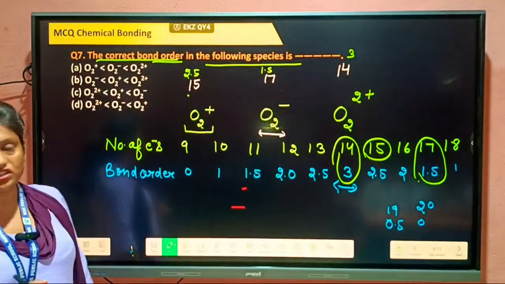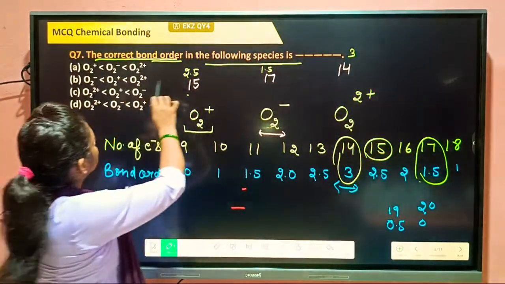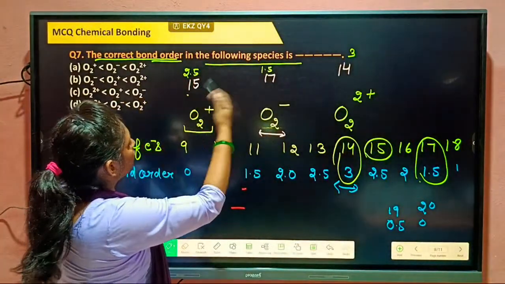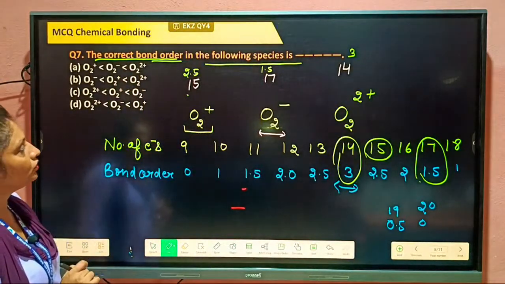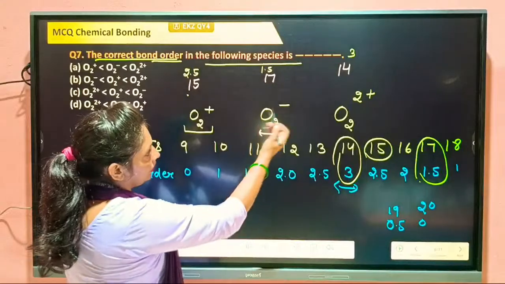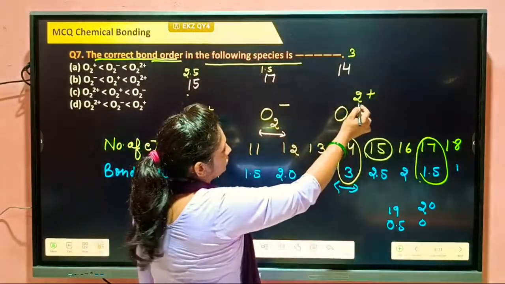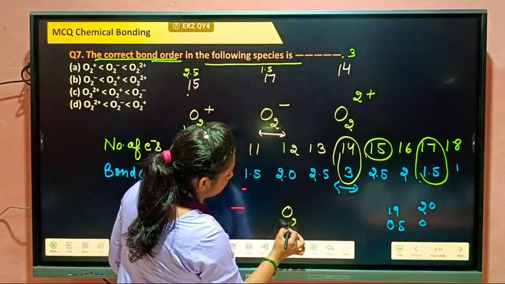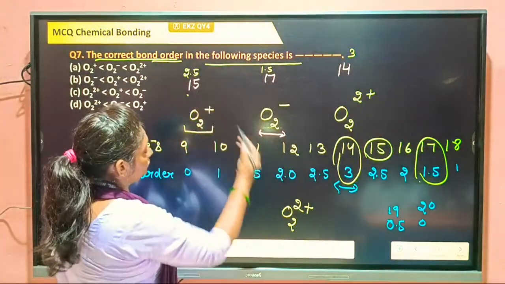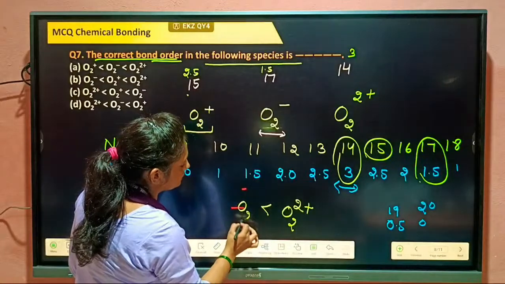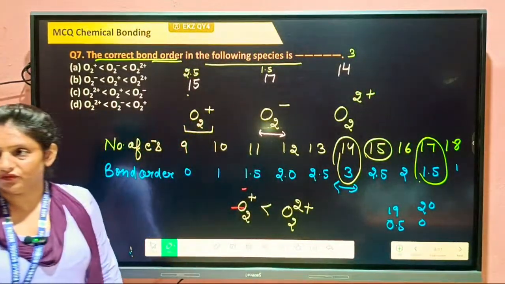We have to arrange them. Here the increasing order is given to us. So we will see the maximum bond order for O2 2 positive, it is 3. Then for O2 plus, it is 2.5.